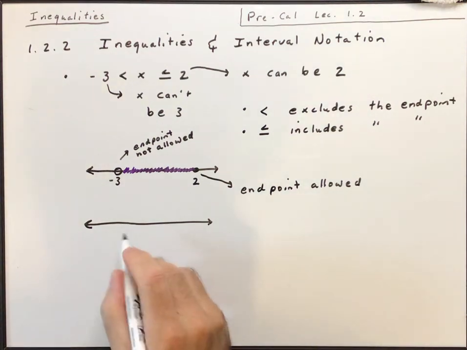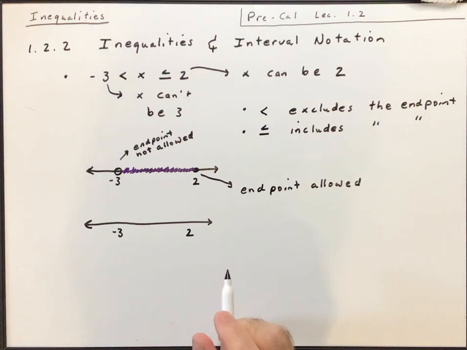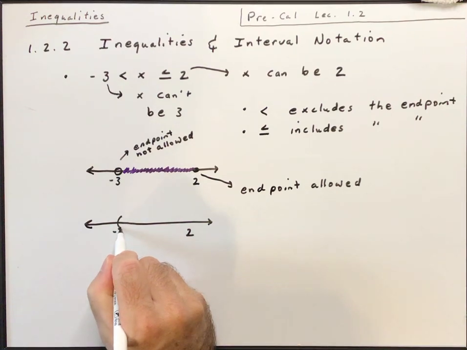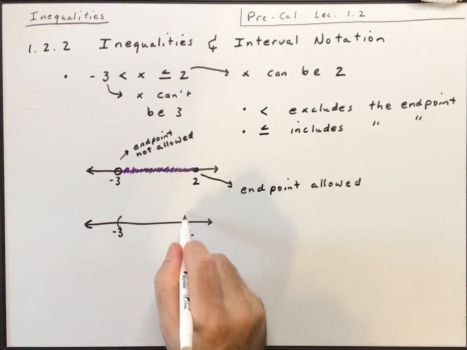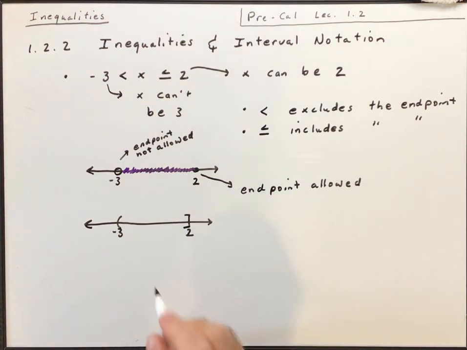So let's show how you can do it another way. Negative 3 here, 2 here. If the endpoint's not allowed, you can use an open parenthesis, just like that. But if it is allowed, we use a bracket, like that.